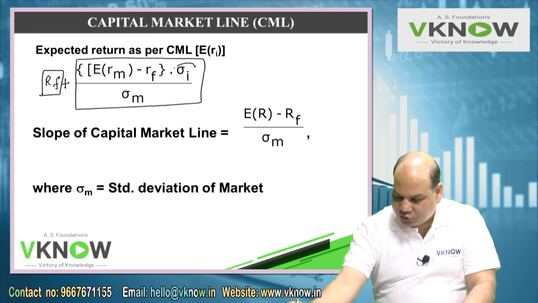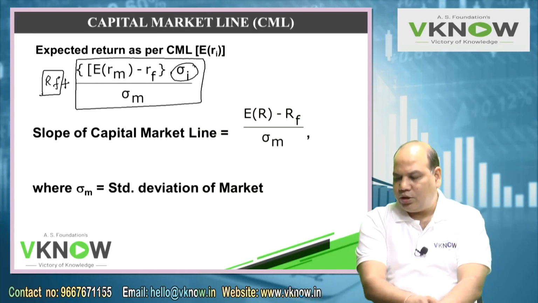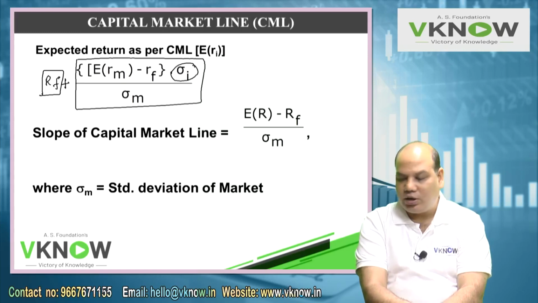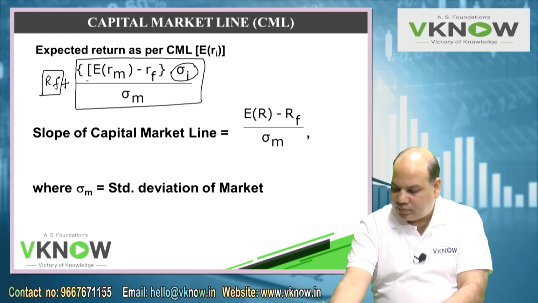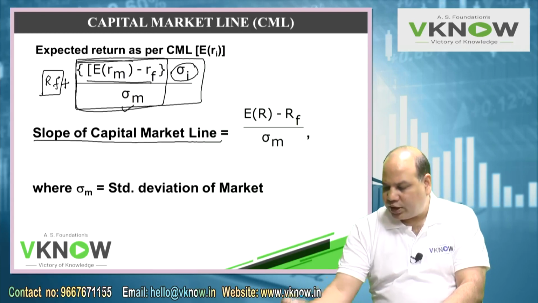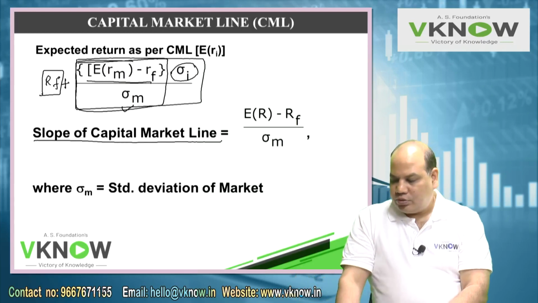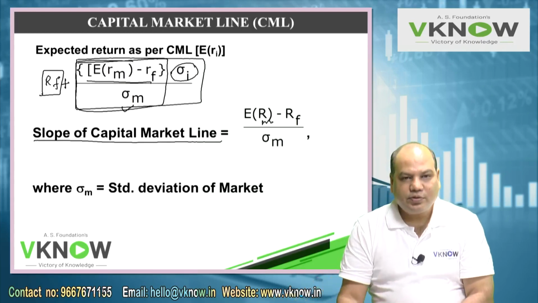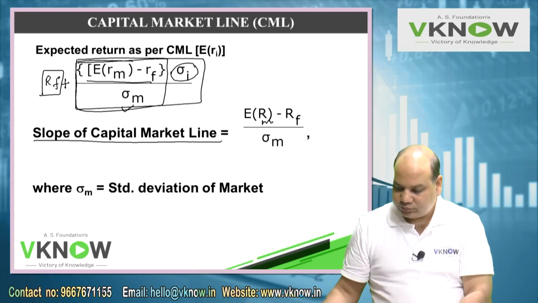The premium depends on the risk that you are taking. So I'll read it again: Rf plus Rm minus Rf upon sigma m into sigma I. And this Rm minus Rf upon sigma m is called slope of the capital market line. That is expected return on market minus risk-free return upon sigma m.